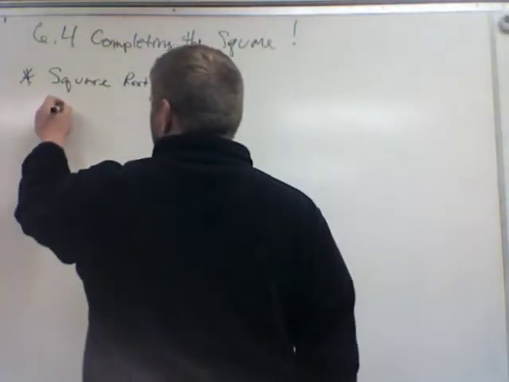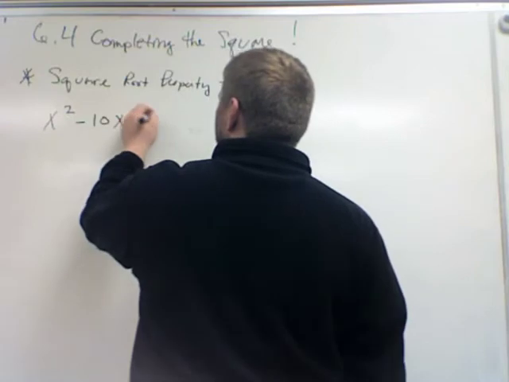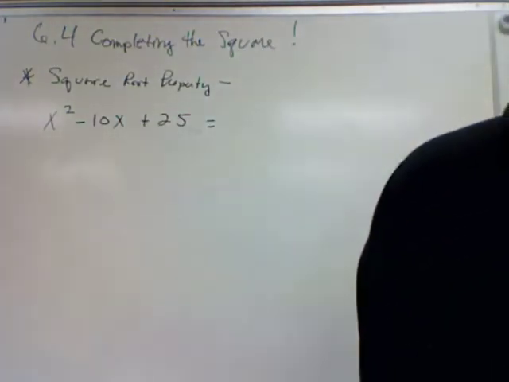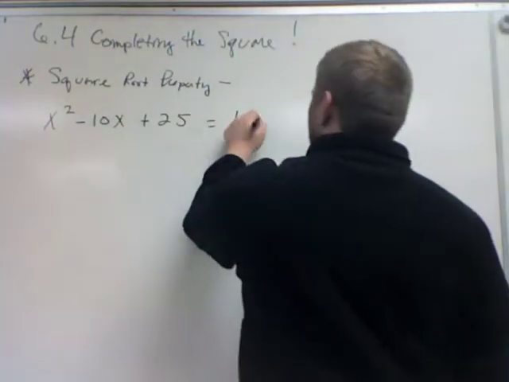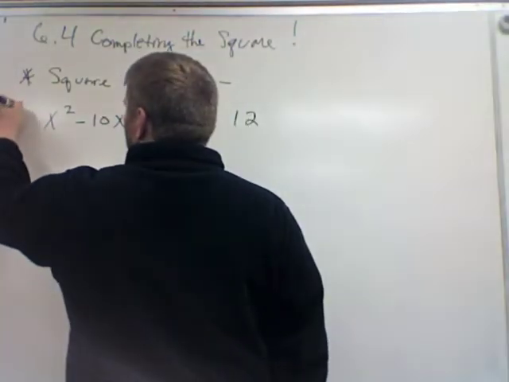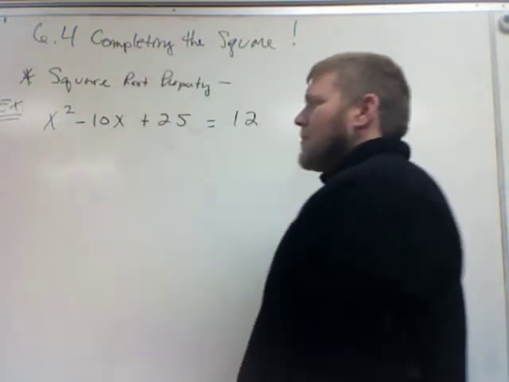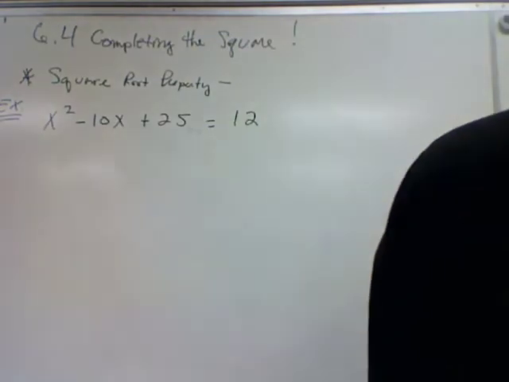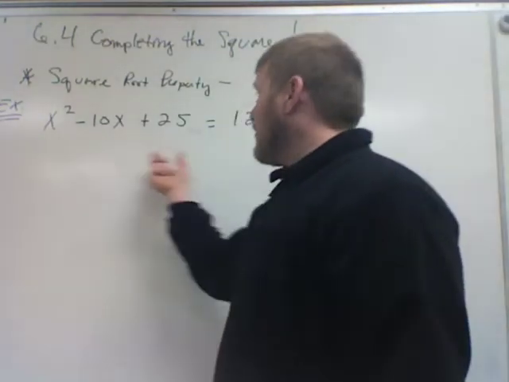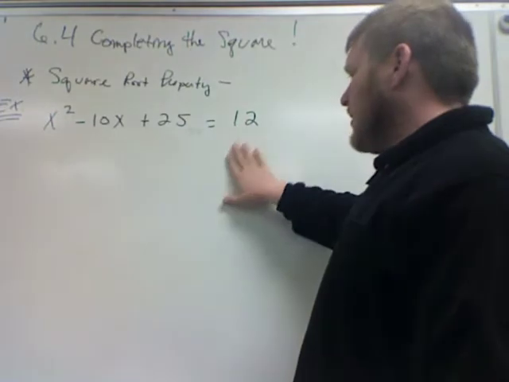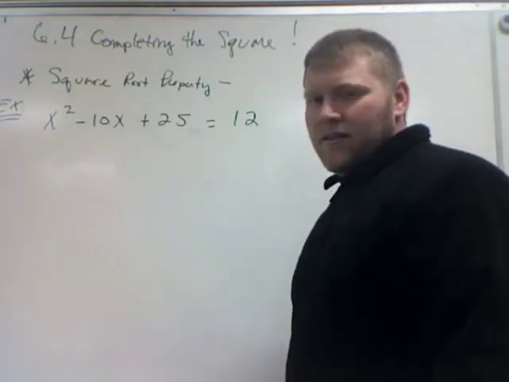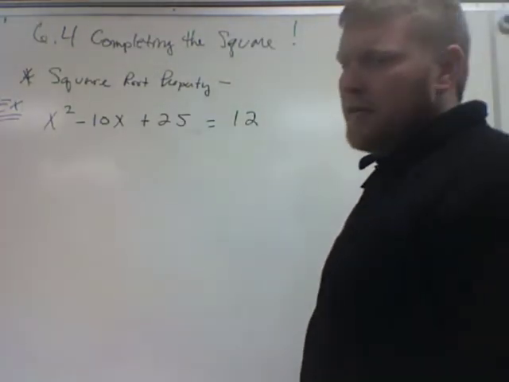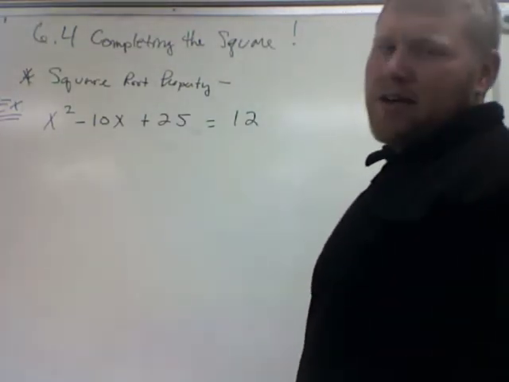I have x squared minus 10x plus 25 is equal to 12. In this particular situation, I still have a quadratic on the left, and then I have a number on the right. It's kind of thinking ahead of time, but notice the x squared minus 10x plus 25 actually factors down into a perfect square.